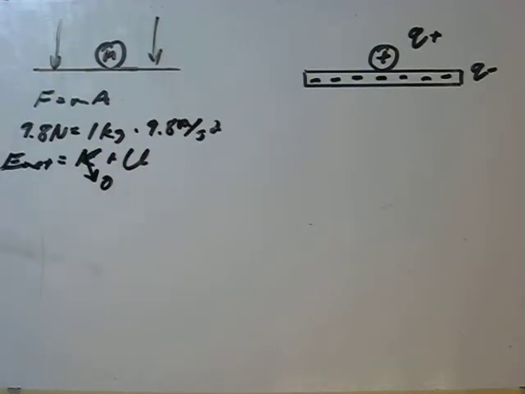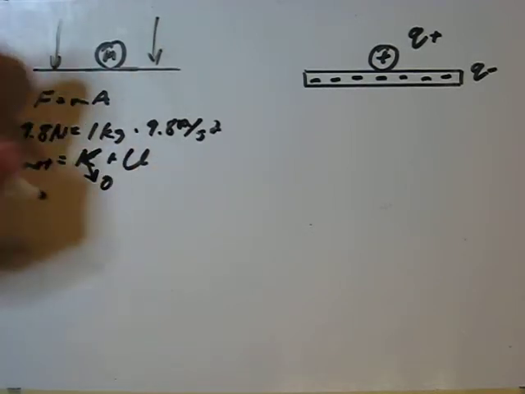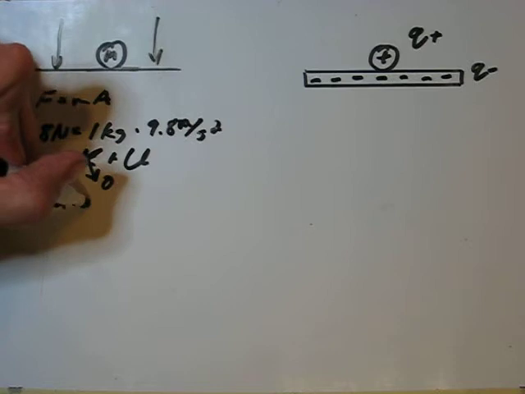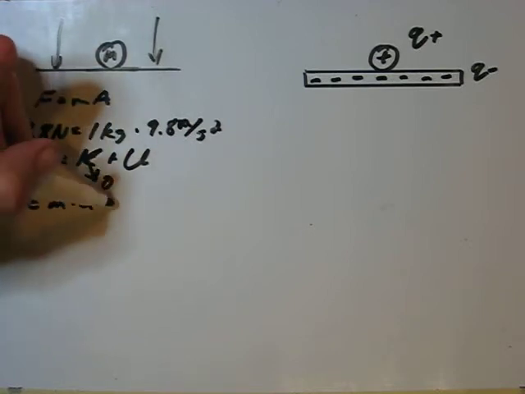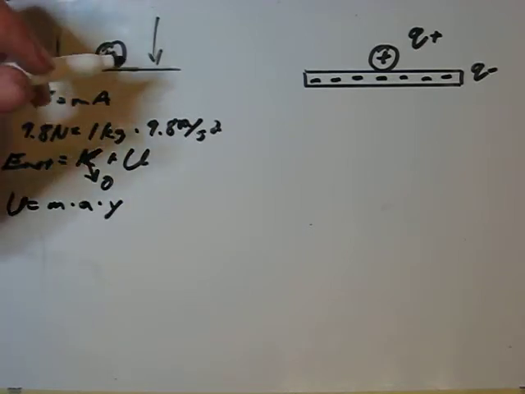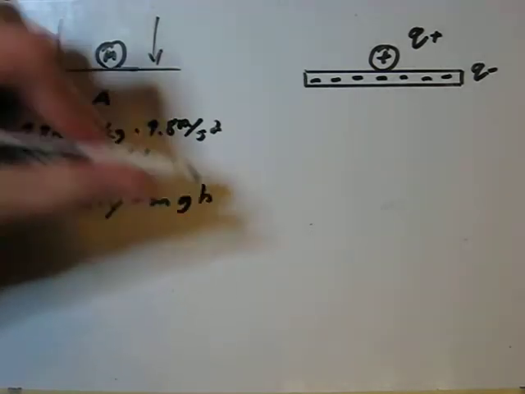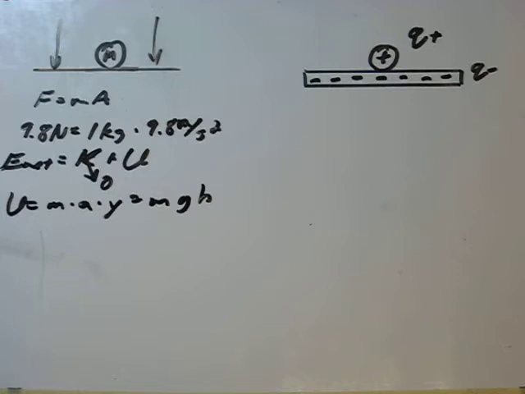So we'll look at it from that perspective. And then our potential was the mass times the acceleration times the distance, or more frequently you'll see it mgh. So that's how we calculate potential energy over here.